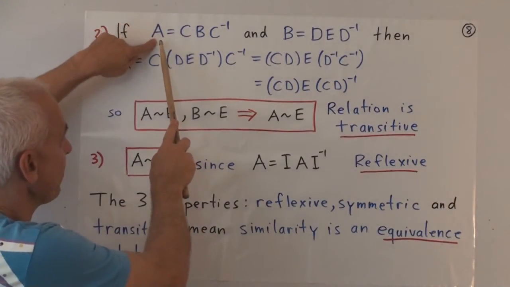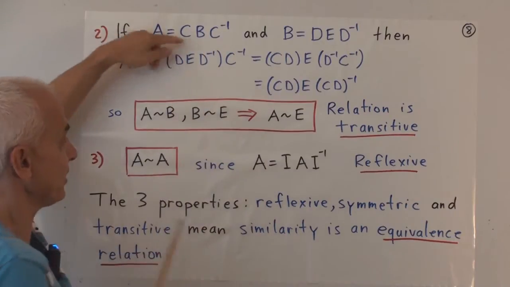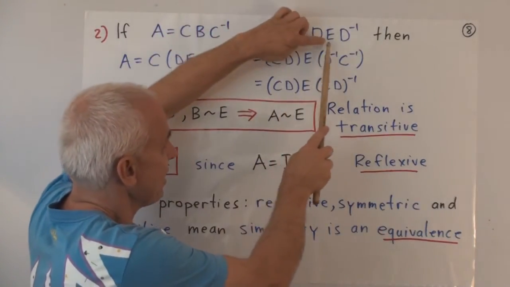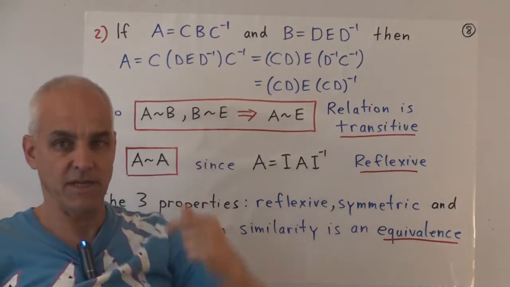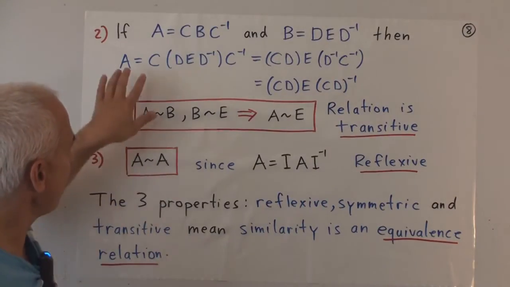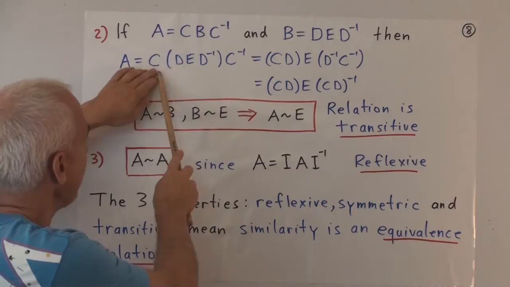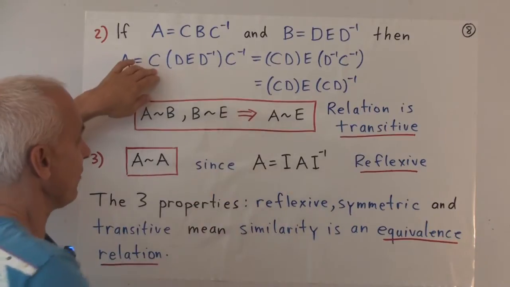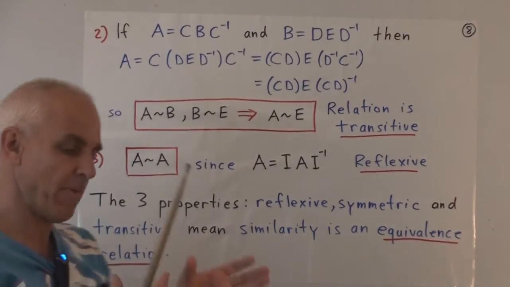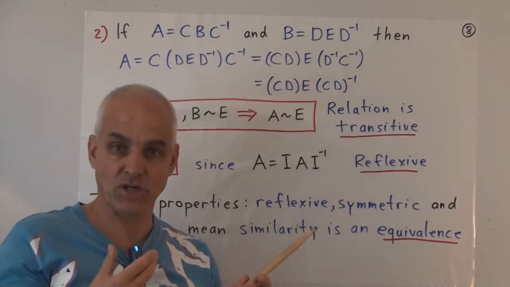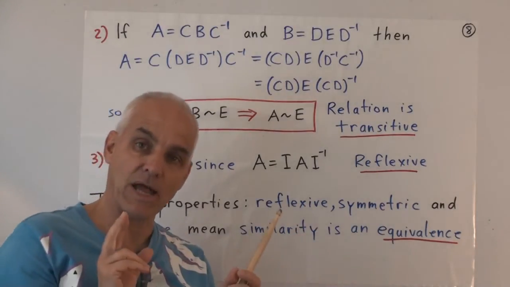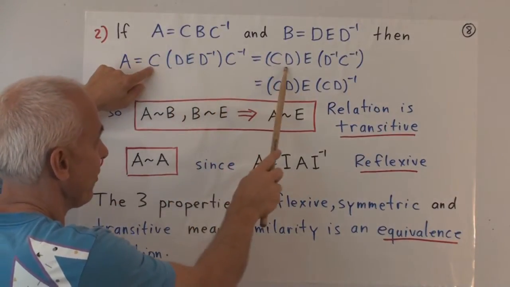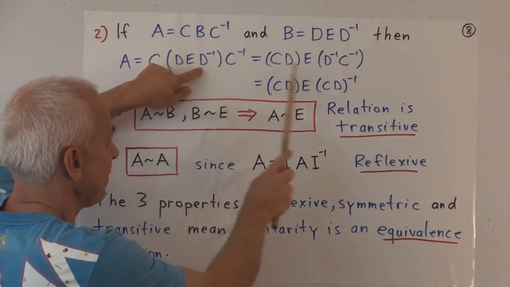If A is similar to B, then we can write A equals C B C inverse for some matrix C. And if B is similar to E, then B equals D times E times D inverse for some matrix D. If we now combine them, we get A equals C, we replace the B here with D E D inverse, times C inverse. And now remember, matrix multiplication is associative. You're not allowed to change the order, but you are allowed to change the bracketing. So instead of having the brackets this way, we can group C and D together. And we can group D inverse, C inverse together.